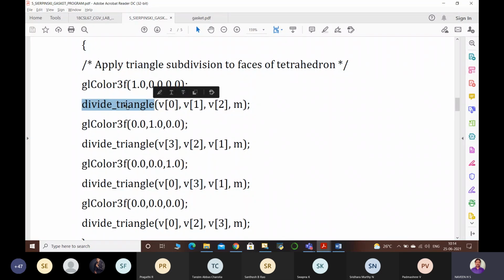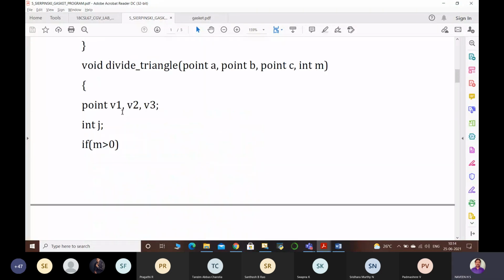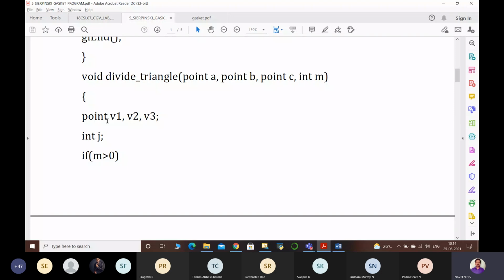Okay, so these are the inputs I'm going to pass in order to divide my triangle. Understood? Once this function is called, it will go to the divide triangle function. You have to follow the sequence. Whenever we start with the libraries and enter into the main function, then jump to some other function, I am moving according to how the control is going. Just follow the same thing.